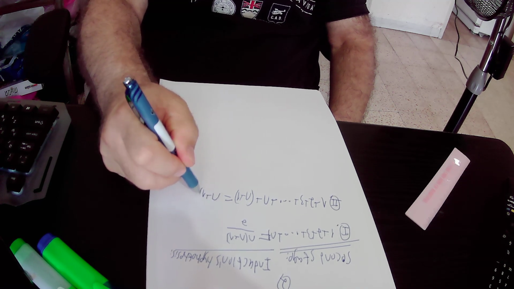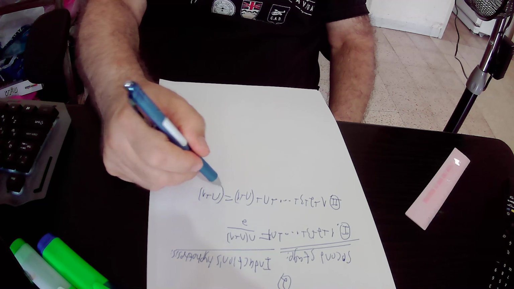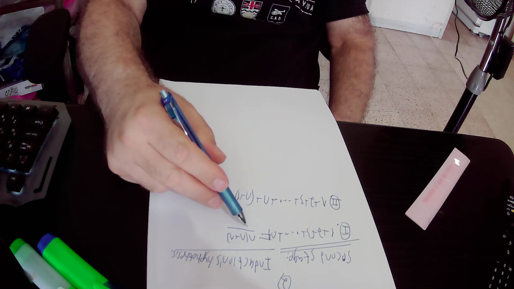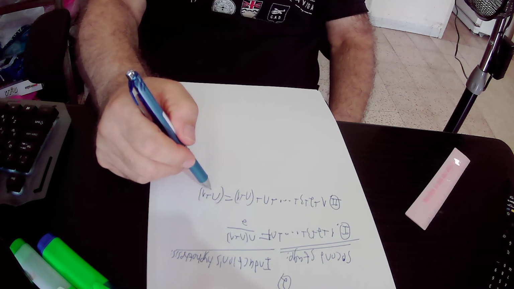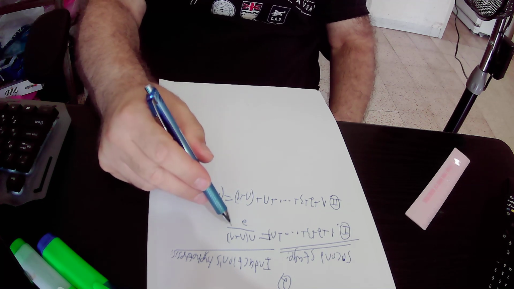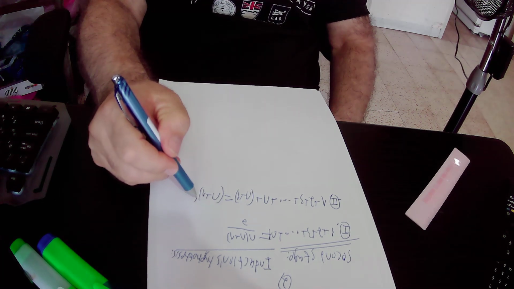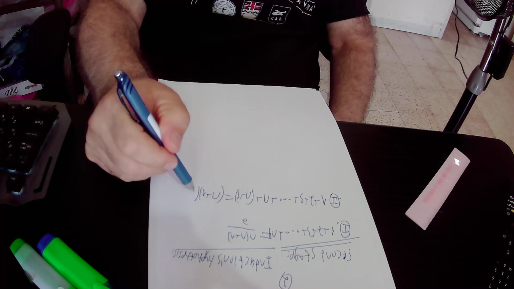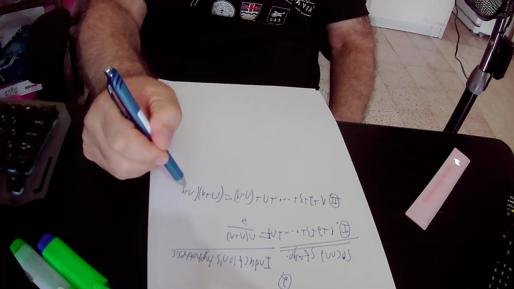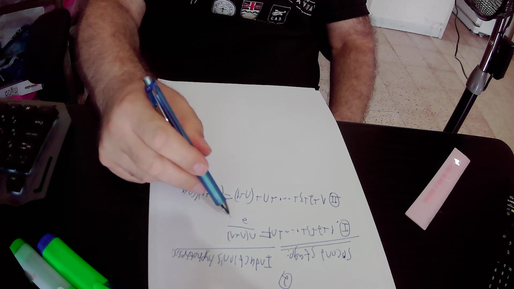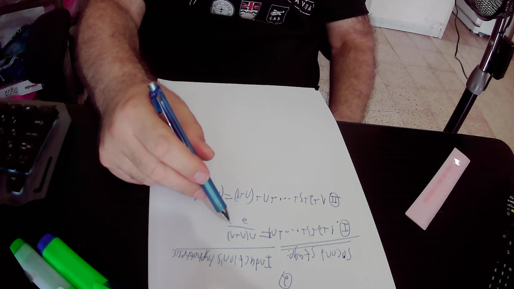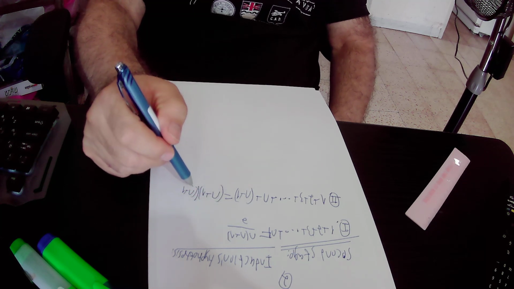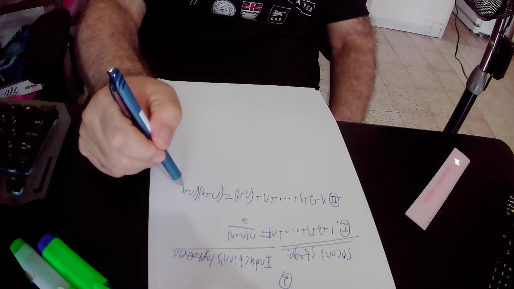So in the original expression we have n, so we'll write n plus 1 times n plus 1, so n becomes n plus 1. We have in the original expression n plus 1, so it will be n plus 1 plus 1.